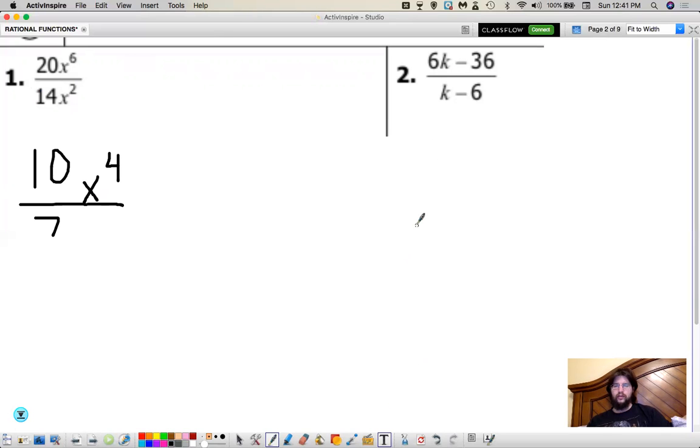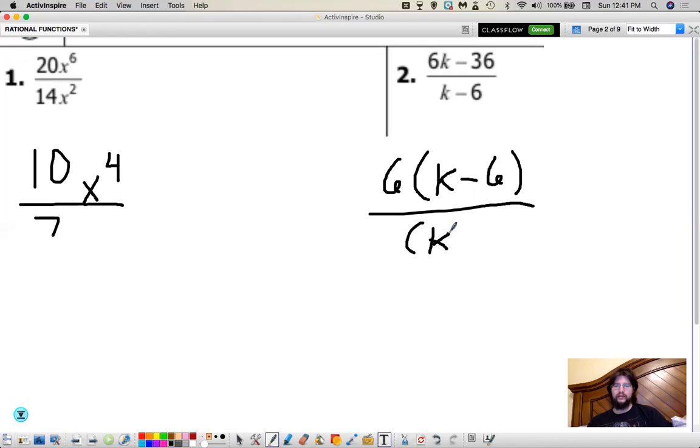On this one, we need to factor out the GCF first. Notice it's a binomial. So always, if it's not just a monomial, check for a GCF, then factor it however you may. Notice here we have a k minus 6 that's going to cancel out. So this expression is actually equal just to the number 6.